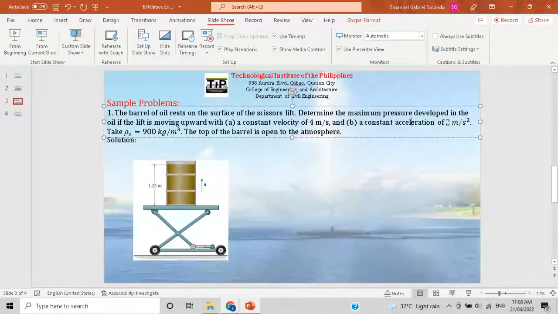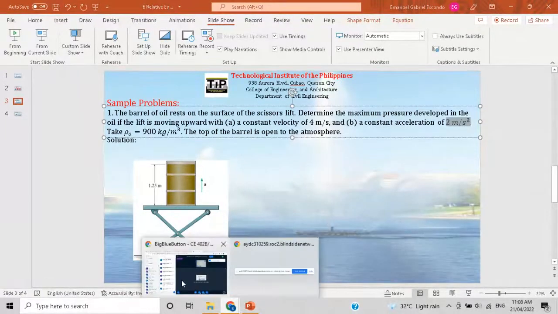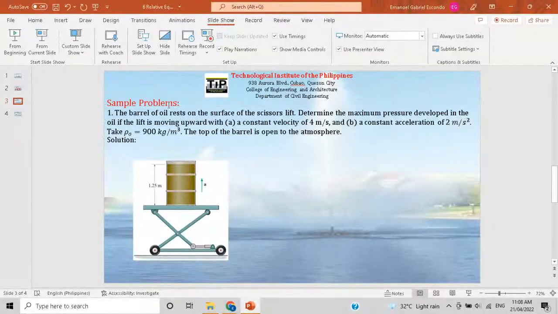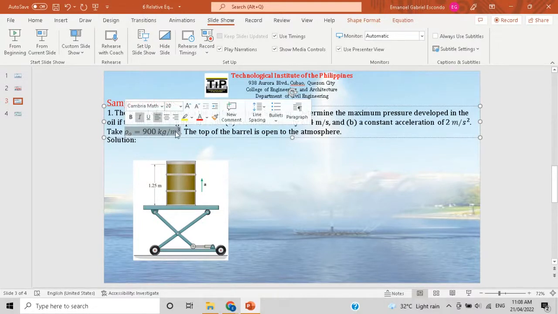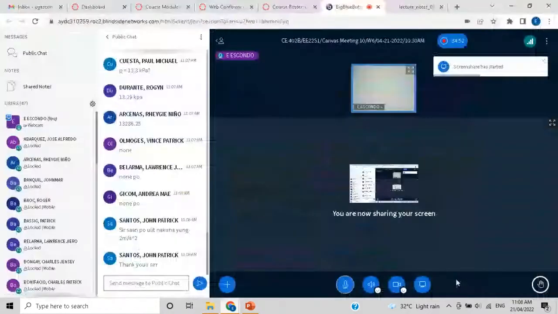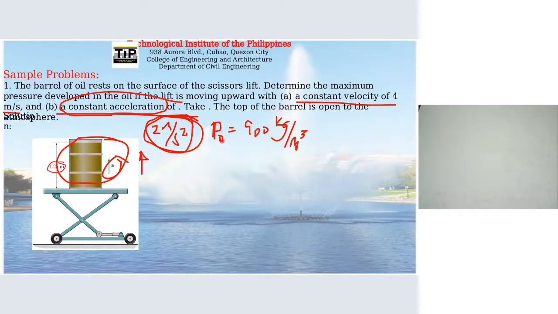Yan, a constant acceleration of 2 meter per second squared. Okay. Tas yung density ni oil, hindi rin siya nag-appear sa BBB. So kaya sinulat natin.